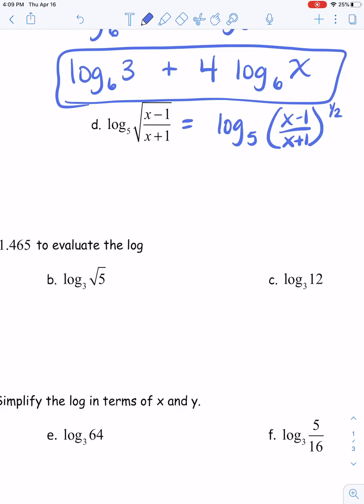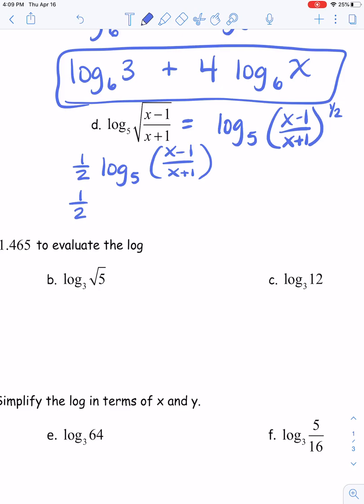And because it's the exact same thing, because I'm raising my argument to a power, I can apply that power property. So I can rewrite this as 1/2 of log base 5 of x minus 1 divided by x plus 1. And so now I see, oh, that's a division problem. I'm going to have a subtraction of all of this.